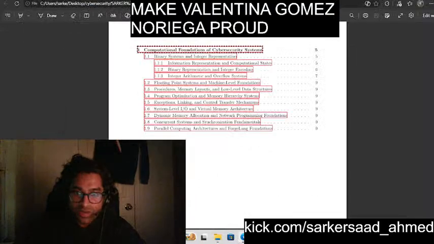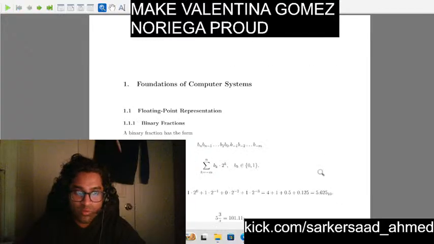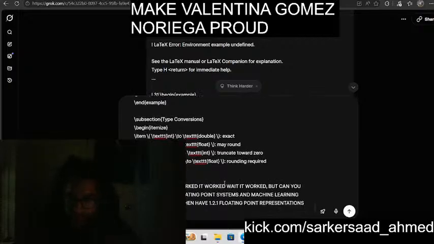Only have 1.2 and the next one will be 1.2.1, like 1.2.1 floating point representation. And then no more numbers, no 1.2.2, 1.2.3. No need, because that's separate. It worked.